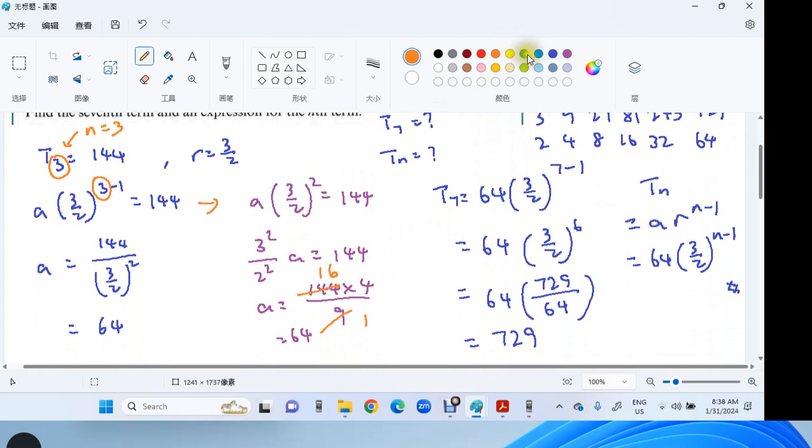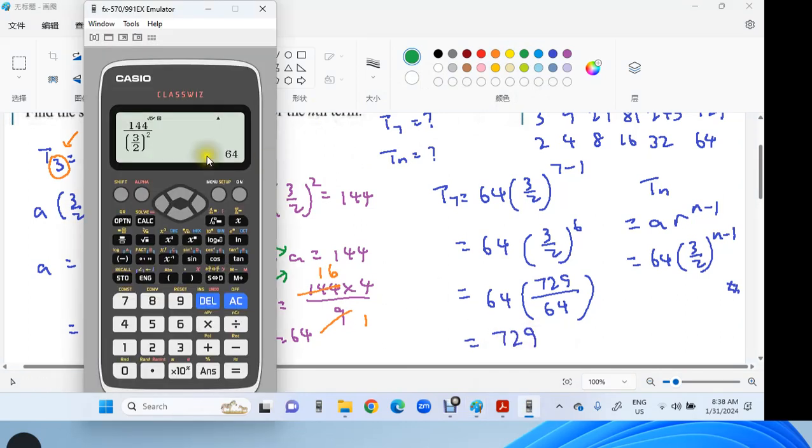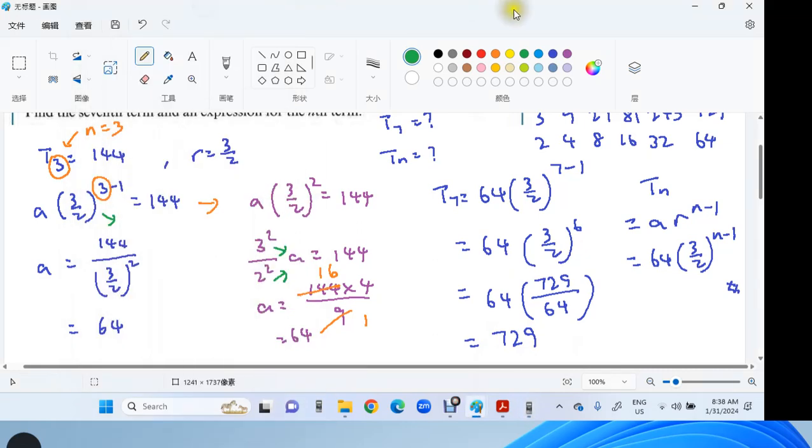After that, we divide and multiply, then we get A is 64. Or if you use the calculator, you can just straight away divide 144 by (3 over 2) squared. Then you can directly get 64 from the calculator.